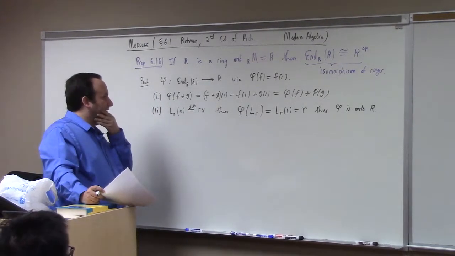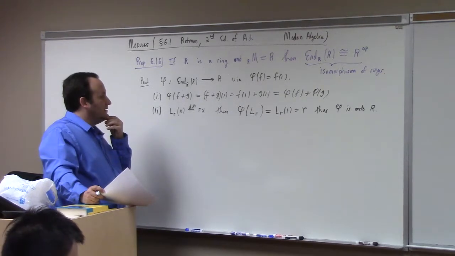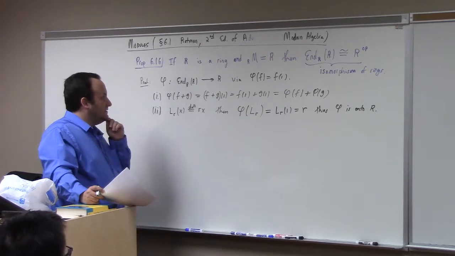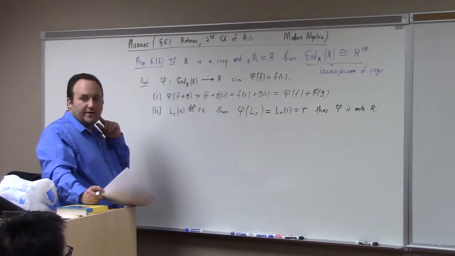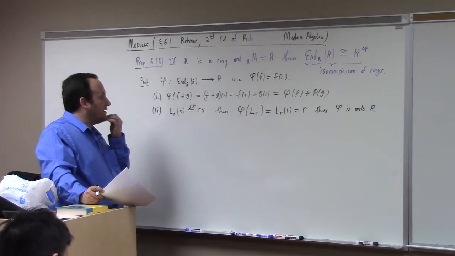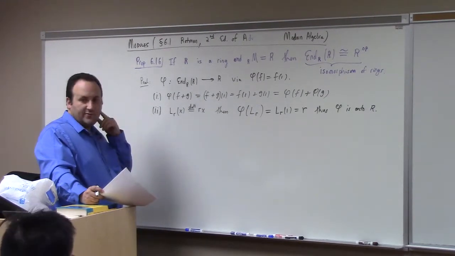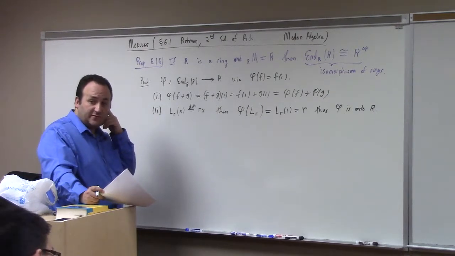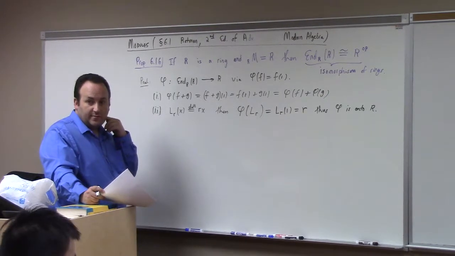Now, I got hung up here when I was going through the proof again for myself by fussing about whether or not L sub r was actually in End(R, R). But the reason I shouldn't fuss about that here is that I'm really only interested at this point in the proof if phi is an isomorphism of abelian groups.